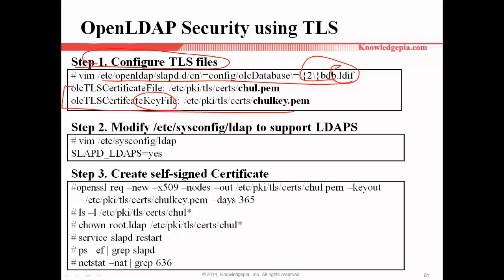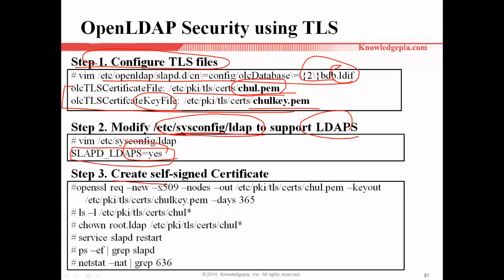In my case, if I create this kind of key, I will save it in the directory /etc/pki/tls/cert, and the key names will be char.pem and charkey.pem. Step 2, modify the file /etc/sysconfig/ldap. Using this file, we have to enable LDAPS like this: SLAPD_LDAPS must be yes.